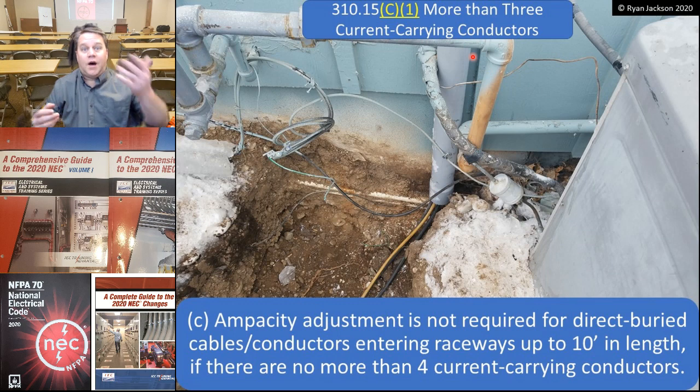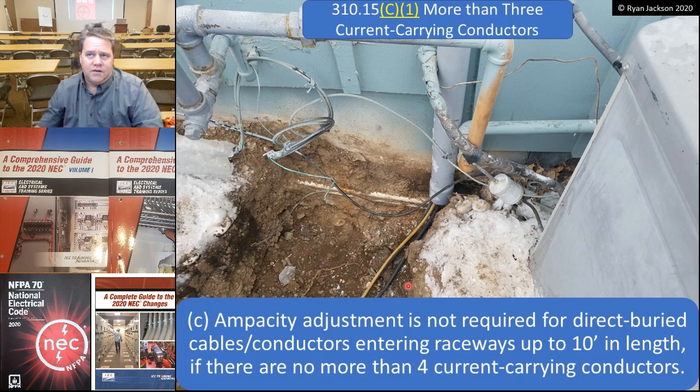Obviously, you're not going to have wires going up the side of a building. And that raceway has to be at least 8 feet above ground, and it has to extend down, I believe, 18 inches. So this section is recognizing the fact that, yes, you could have 4 current carrying conductors inside of that raceway, but the fact of the matter is, most of that circuit is direct burial conductors.